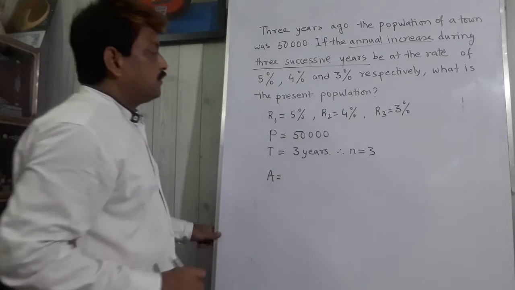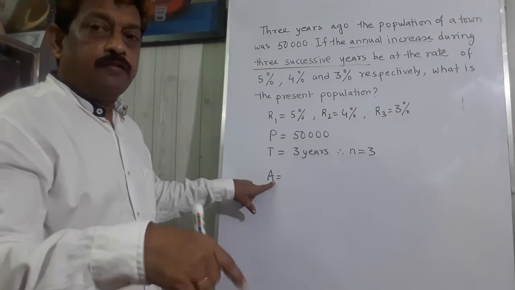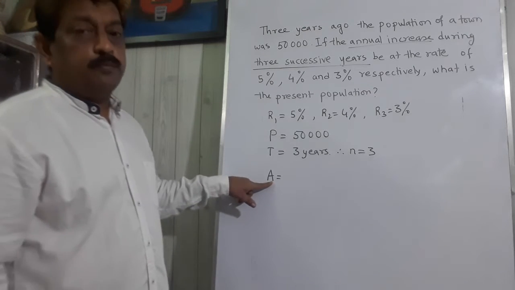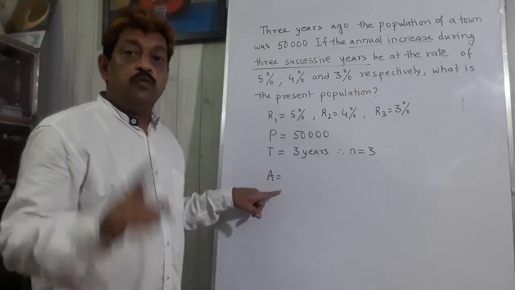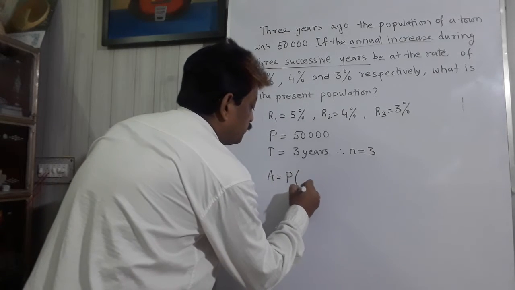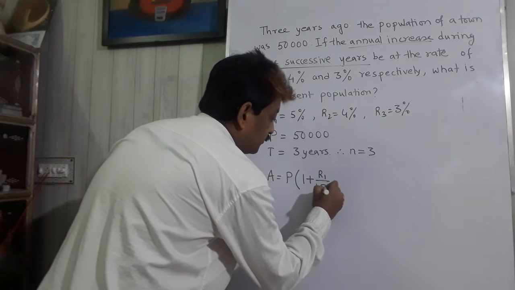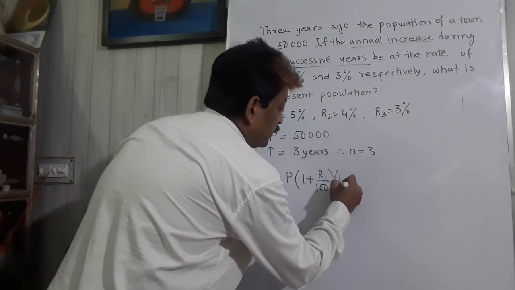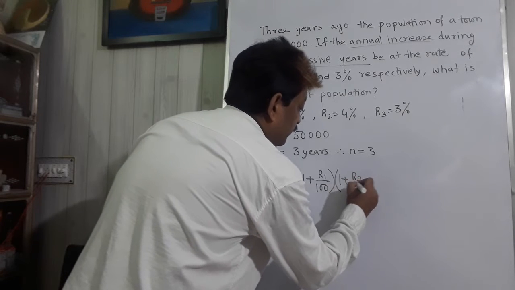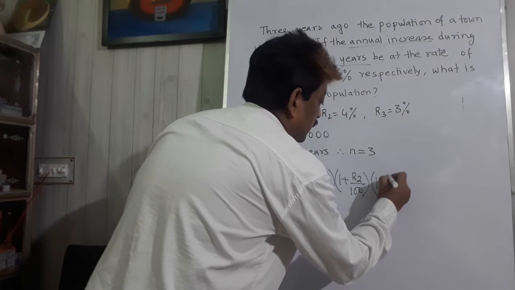To find the population, let A be the population after 3 years. To find the population in one step, see the formula. A equals P into (1 plus R1 by 100), (1 plus R2 by 100), (1 plus R3 by 100).